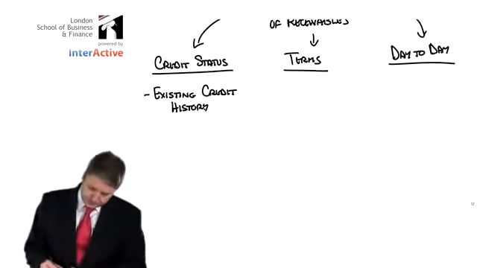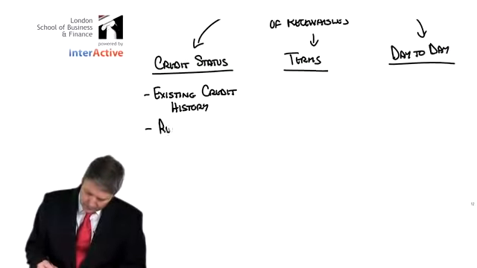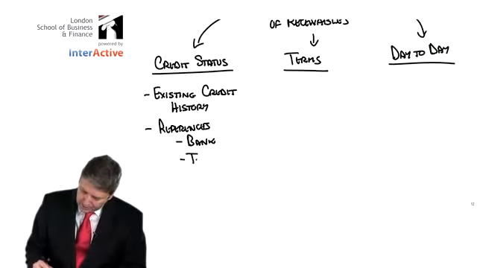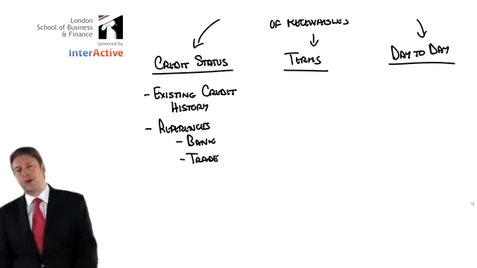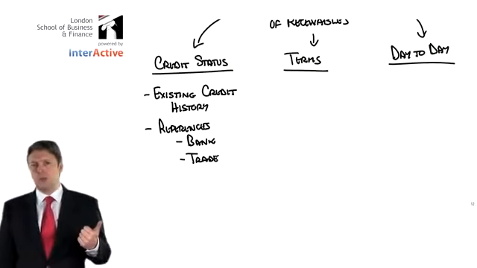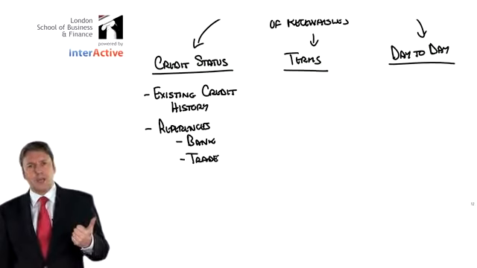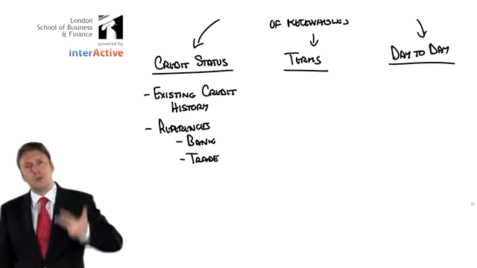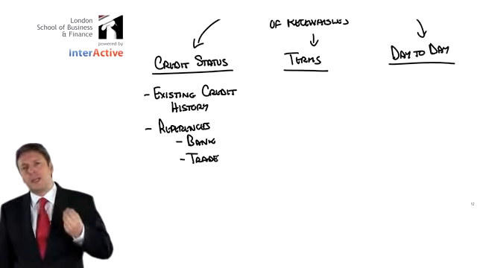Of course, we could go further and look at getting references. We could get a reference from a bank or from another supplier. It is convention when offering credit to a company to ask them for their bank details in order to get the bank reference and the details of 2 or 3 of their key suppliers.